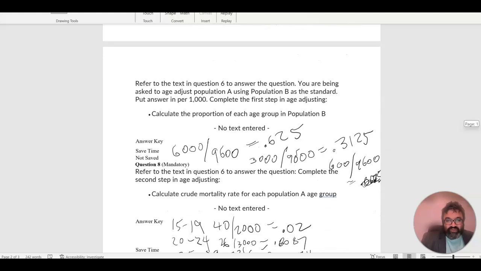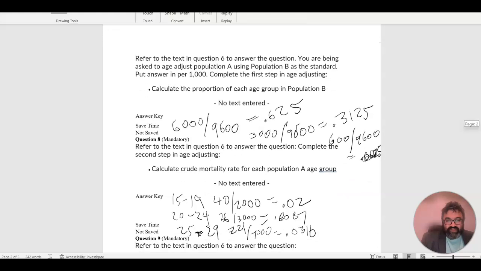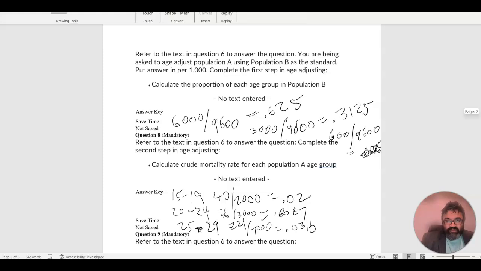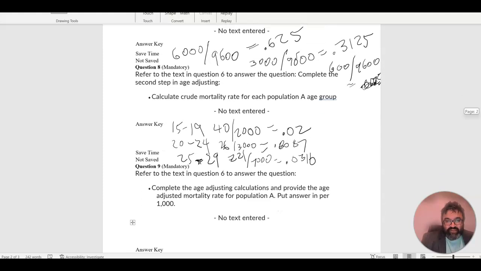So here are the age-adjusted mortality rate decimals. I'm going to try to keep this in your view while I'm calculating the other one.